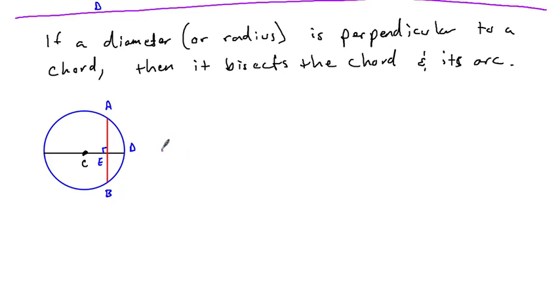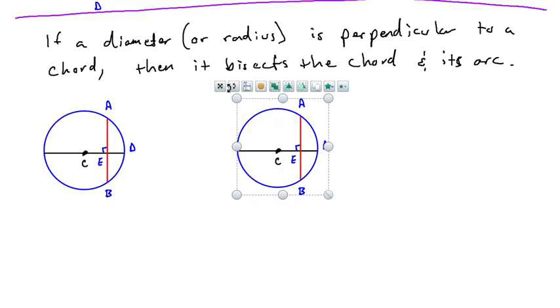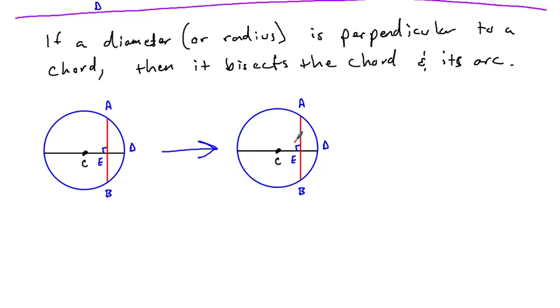Whenever you see that happen, it means that it bisects the chord, and it bisects the arc.